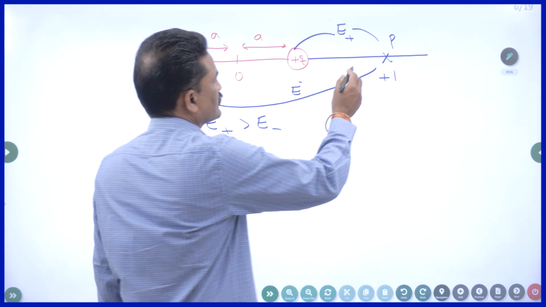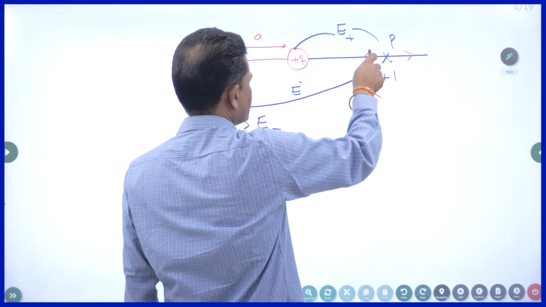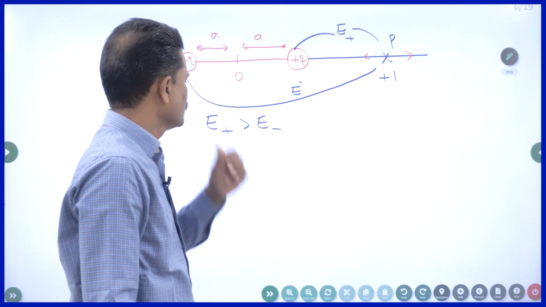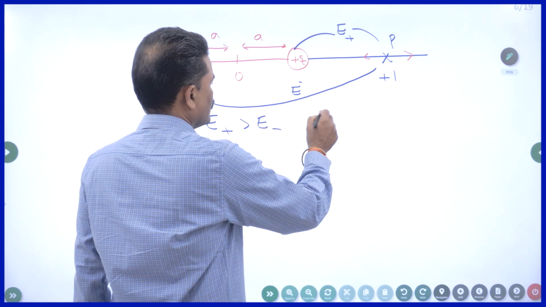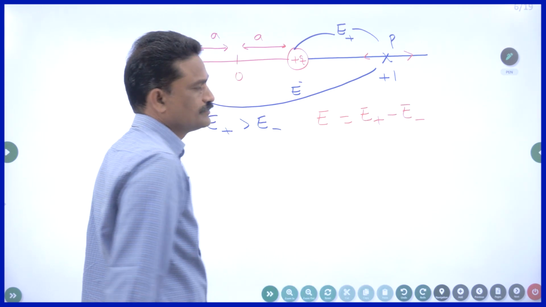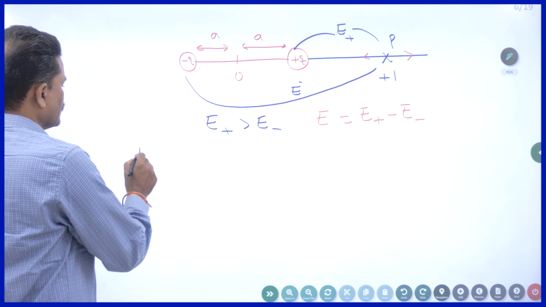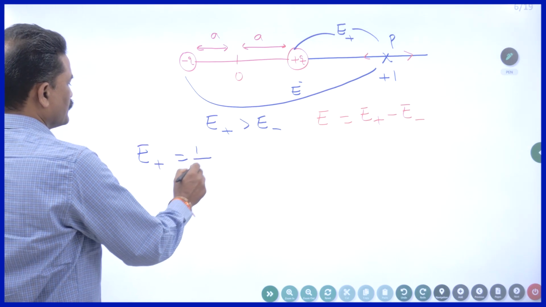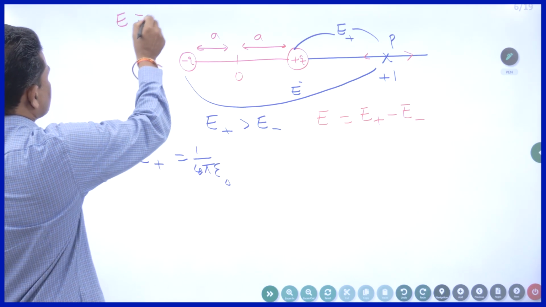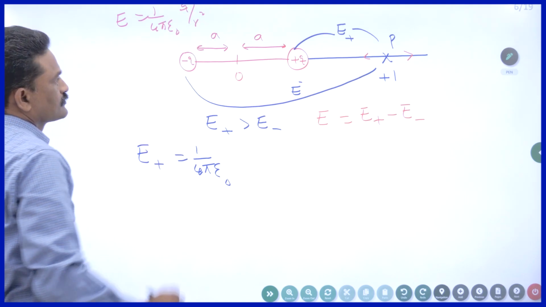Now, what is the resultant? Because of E plus, the unit charge wants to go away. Because of E minus, it wants to go towards minus q. The resultant of these two is E, and E is equal to E plus minus E minus. Now, what is the E plus value? I am using the formula E equals 1 by 4 pi epsilon naught q by r square.